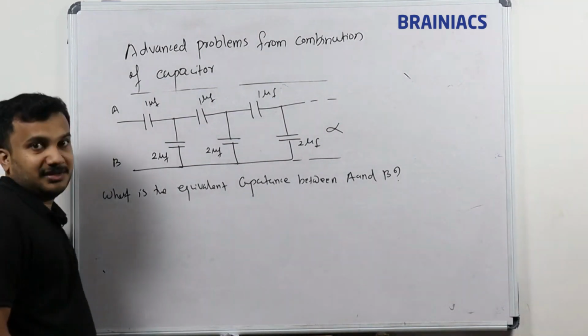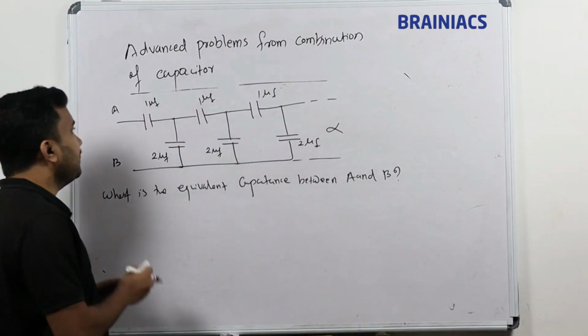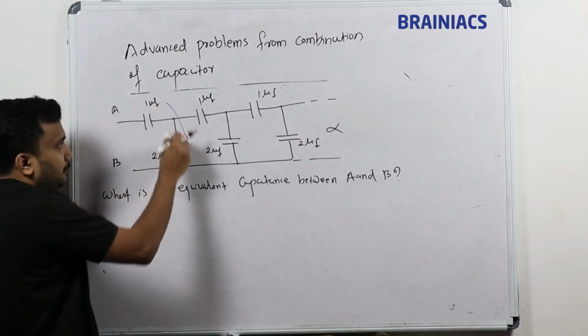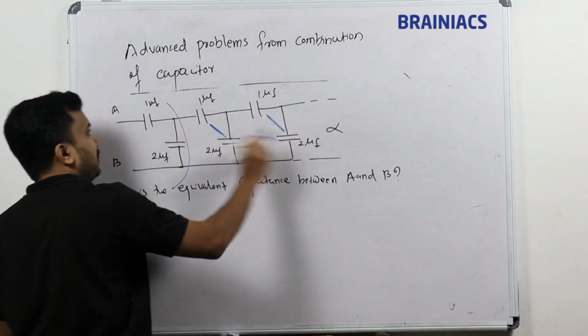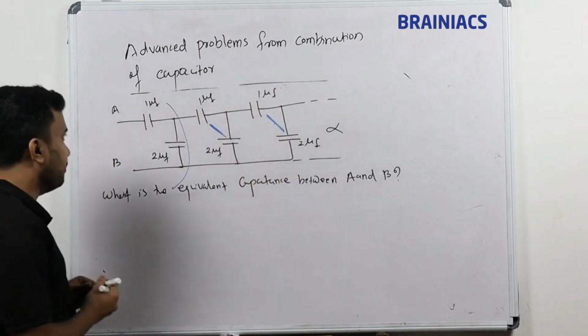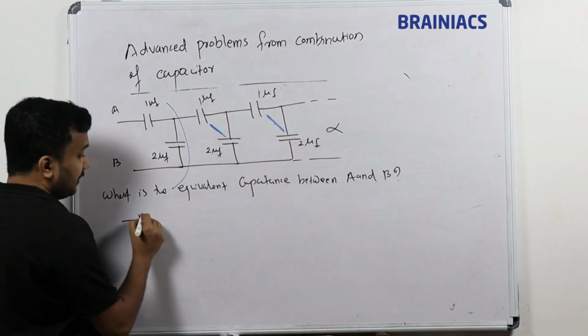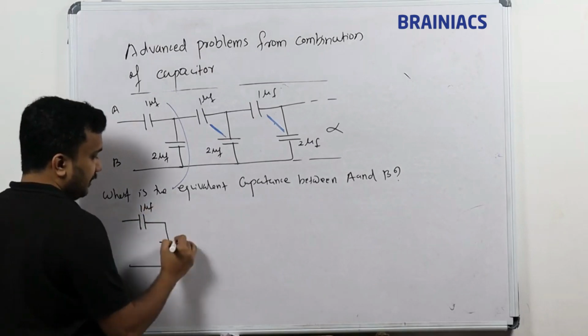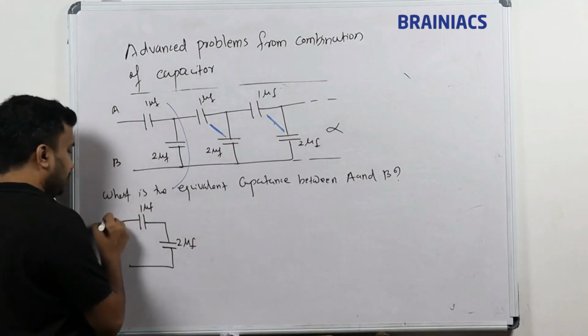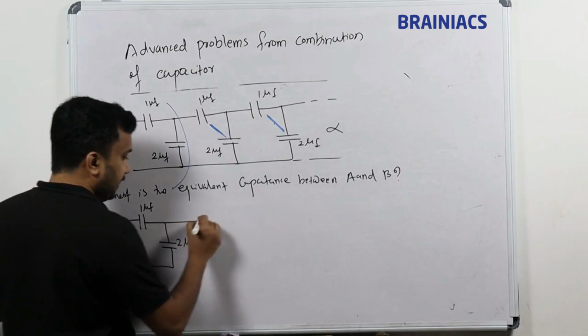So what are the steps that will be repeating? You see, this is one structure, and the same structure is here, this C with this C. So this is repeating. For the repeated step, I will keep it like this: 1 and this is 2, so 1 microfarad and 2 microfarad. This is A and this is B. Then it is repeating.